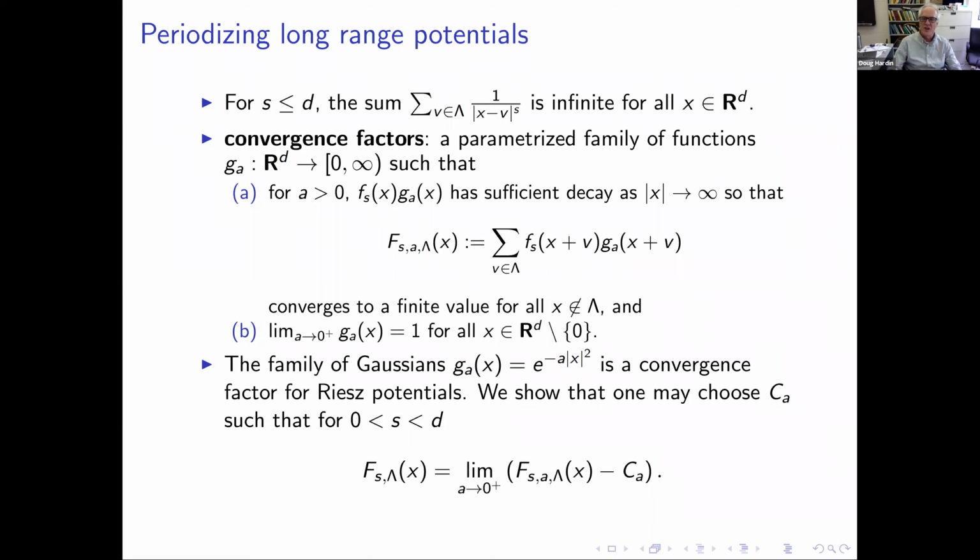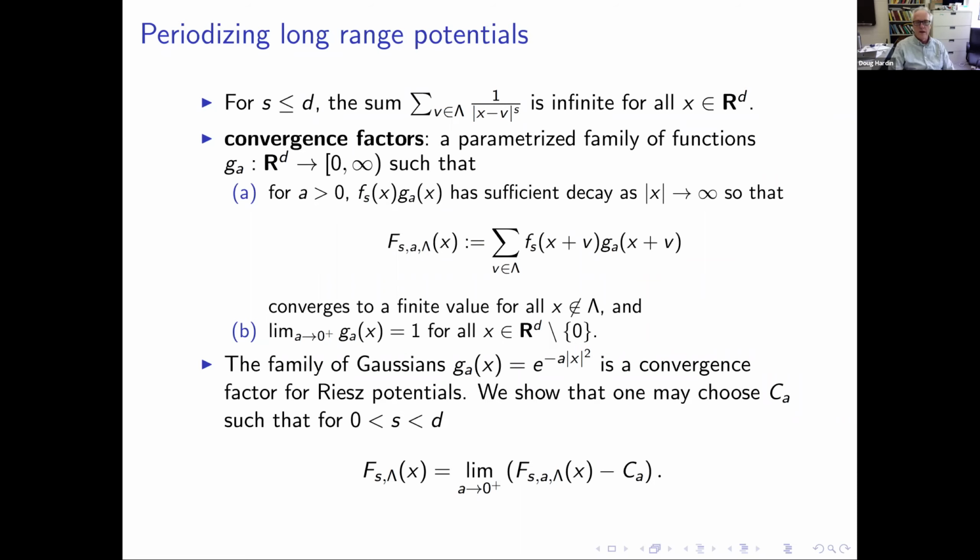I do want to mention that it's surprising to me a little bit: we'll see that when S is less than D, we can go all the way down to 0 and make this machinery work. Whereas if you try other ways, for example, restricting to rectangles and then subtracting off a background charge, then the best you can do is go down to D-2.